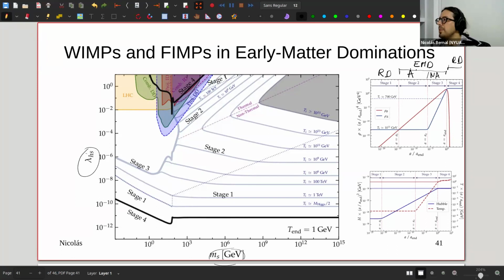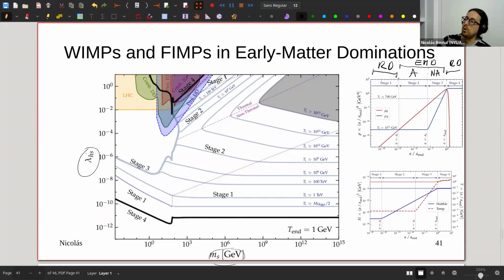So I was saying that stage 1 is early radiation domination. Stage 4 is radiation domination again, so these late times. Stages 2 and 3 are really early matter domination. However, the difference between stage 2 and 3 is that stage 2 is adiabatic and stage 3 is non-adiabatic.